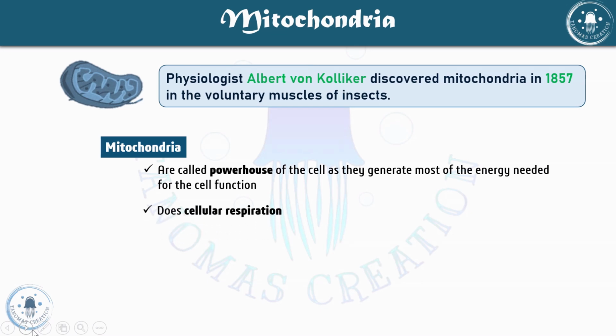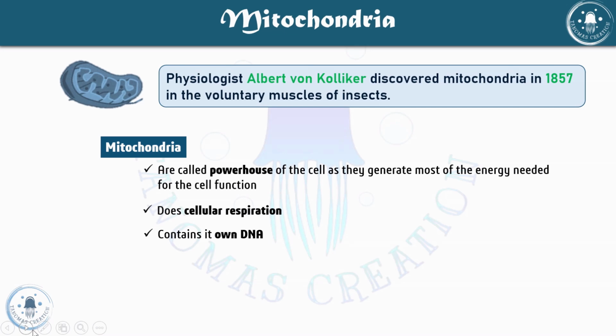Besides this, it also does cellular respiration. Mitochondria contains its own DNA. The cell contains its DNA in the nucleus, and the mitochondria also contains its own DNA. There are some evolutionary processes there; we'll cover it in our next video.